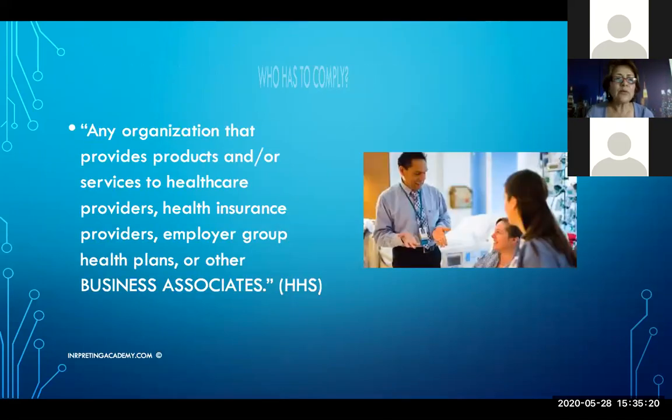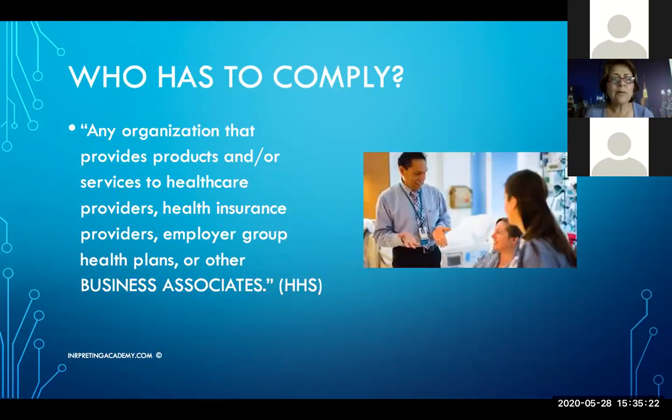As an interpreter, why is it so important for us to know about HIPAA? Who has to comply? Well, according to HIPAA, any organization that provides products or services in the healthcare industry. So we are interpreting for them, yeah?